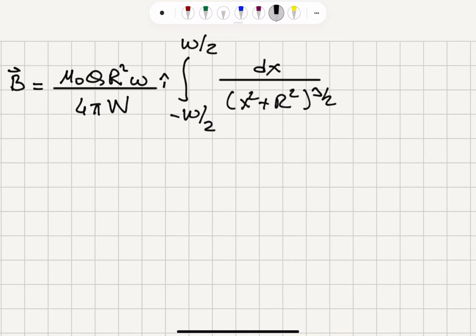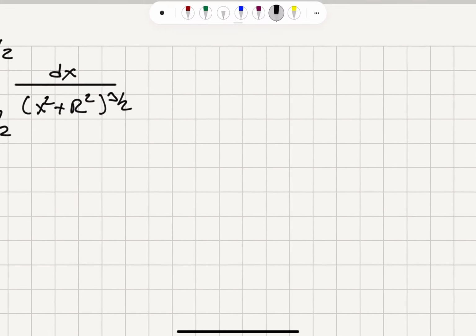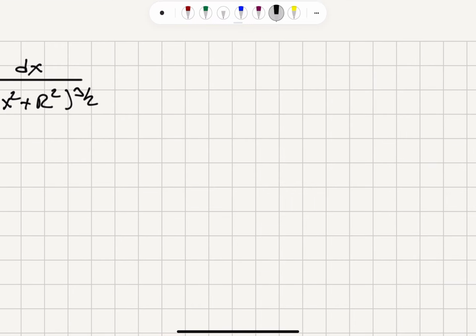That's the integral I have to evaluate. And if I do this substitution, let's draw this right triangle here.